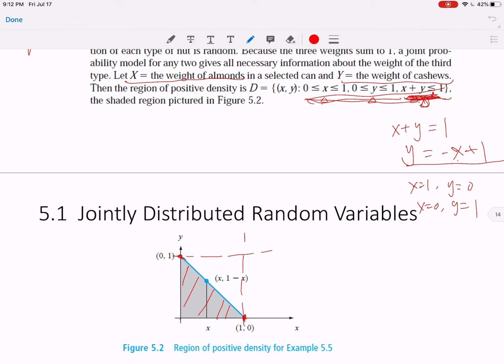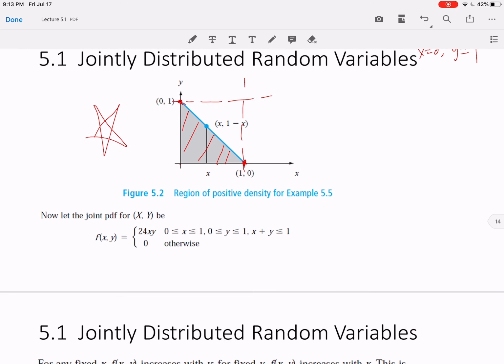And I have to tell you this is the key part of this kind of problem, okay? You have to know how to find the boundaries of the region. That's the most important part of this kind of problem, okay? Once you figure out the region, once you draw the region, it is easier to find the boundaries of the integration you will do in the future, okay? This part is very important.